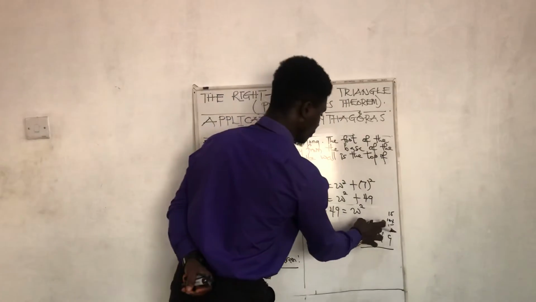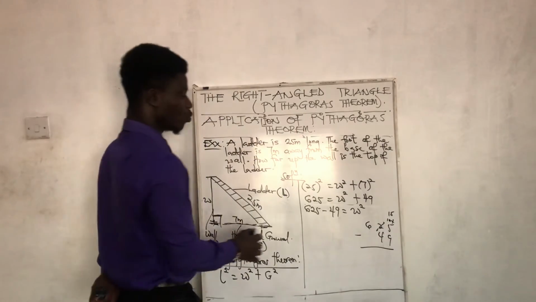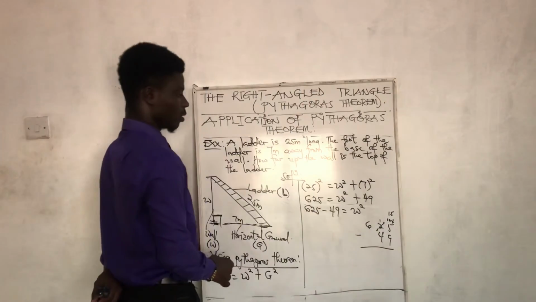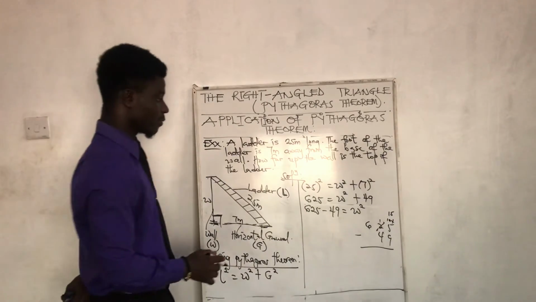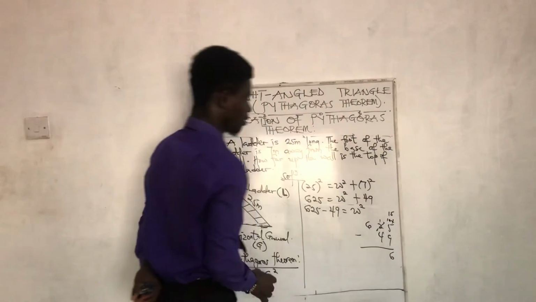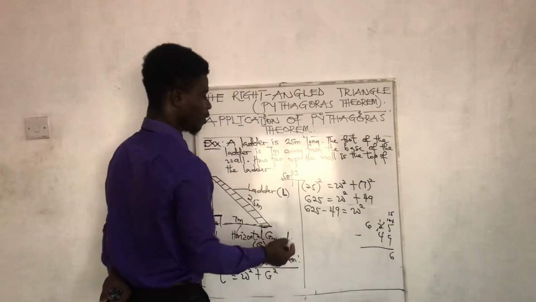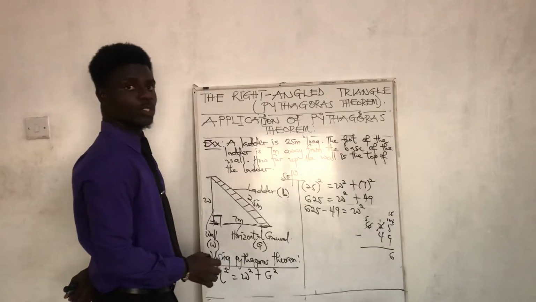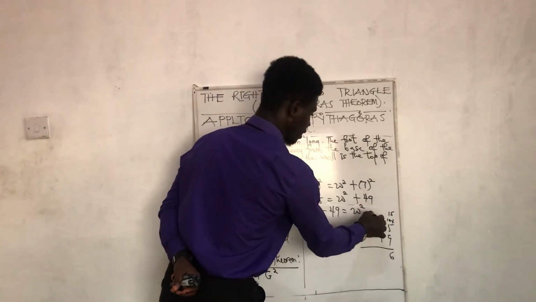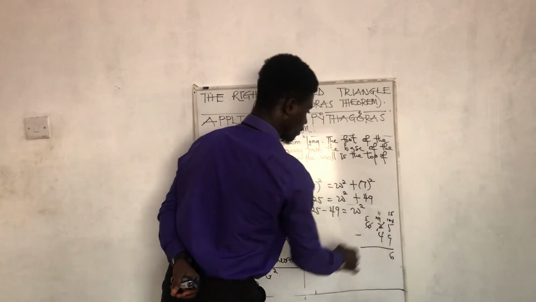So this one reduces to 1. So 9 from 15 we have 6. Then 4 from 1 it can't be, so you borrow 10 from the 6. So here reduces to 5. So we have 10 plus 1, which becomes 11.